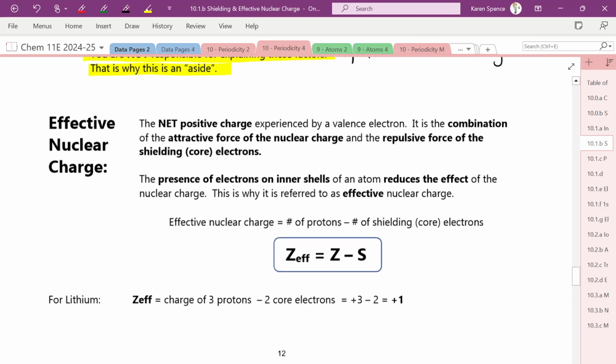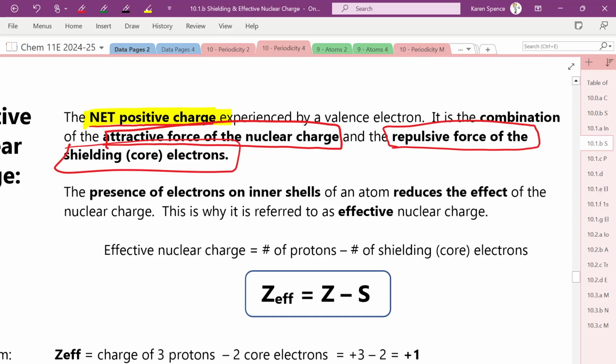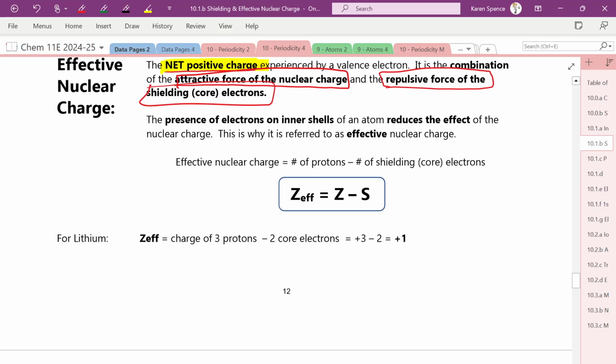So here, Zeff, net positive charge, caused by the combination of the attractive force of the nuclear charge and the repulsive force of the shielding electrons. The presence of the electrons on the inner shells reduces the effect of the nuclear charge, and that's why we call it the effective nuclear charge. And there it is, and that's it for that.